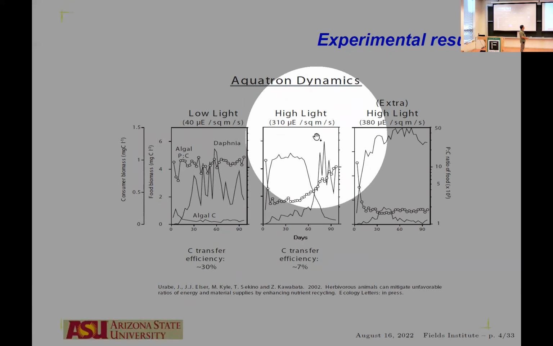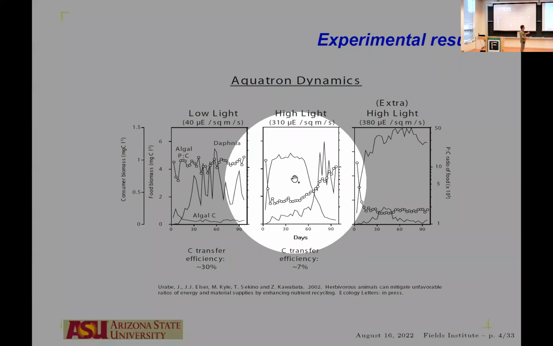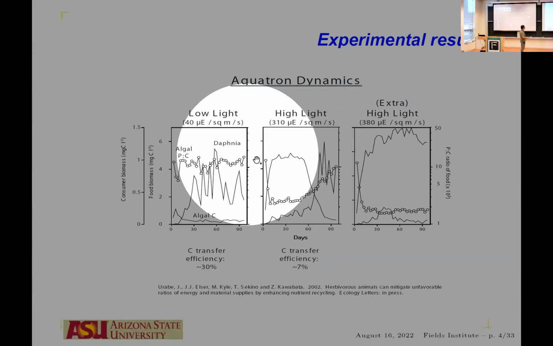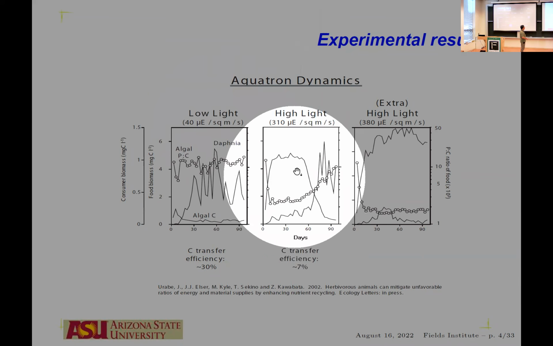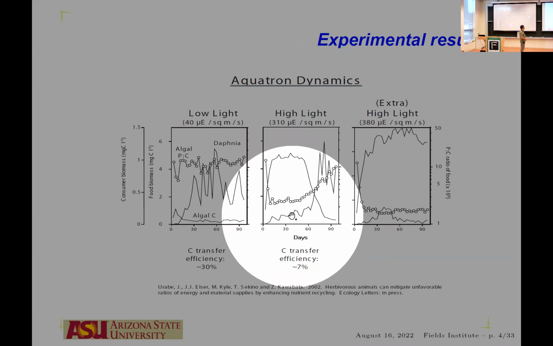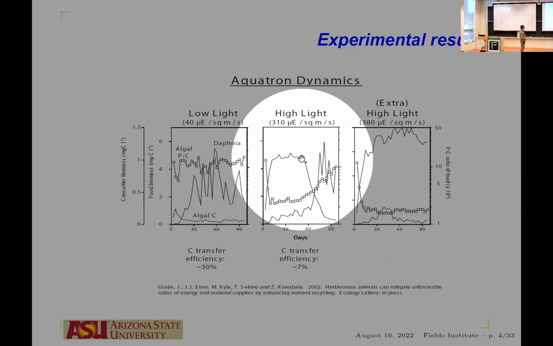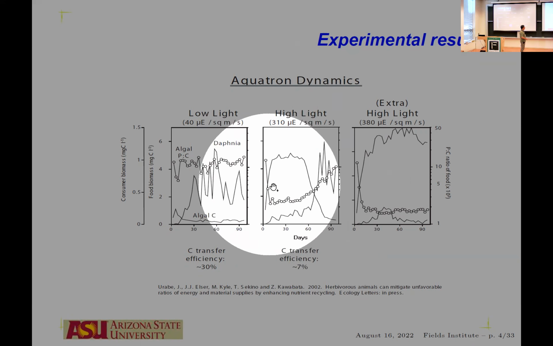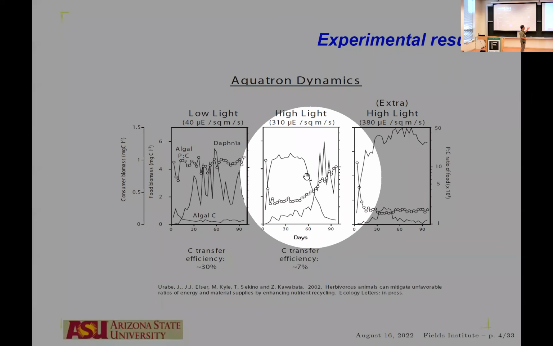And then if you grow at high light, it's not that much higher, probably what it is outside, you are going to see that the algae will be crazy, just jump. But then the quality quickly drops. And then in this case, somehow the Daphnia can still grow slowly and control the algae, and then the quality recovers. And eventually the Daphnia are also happy.